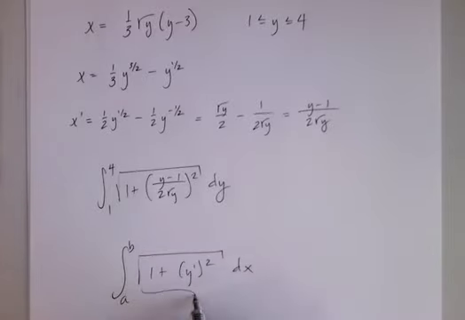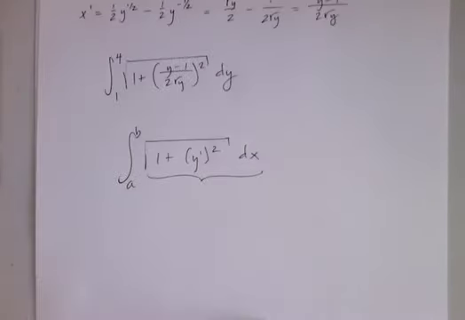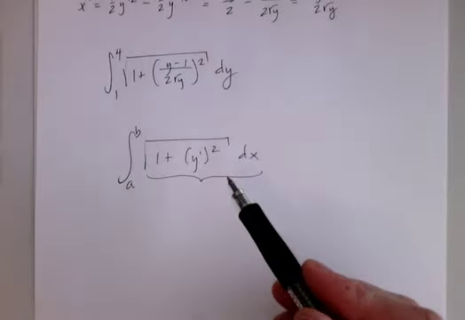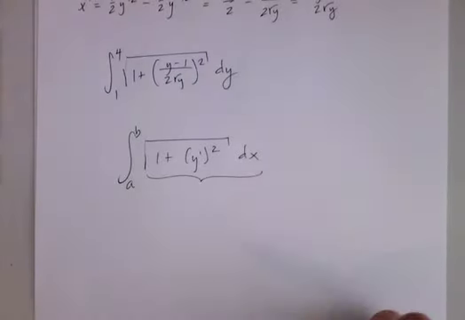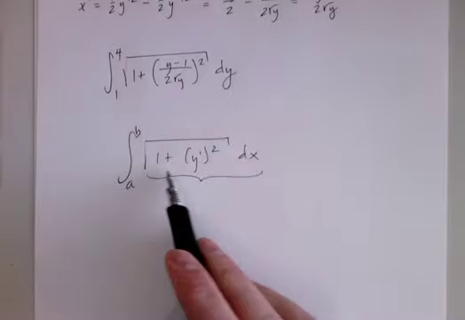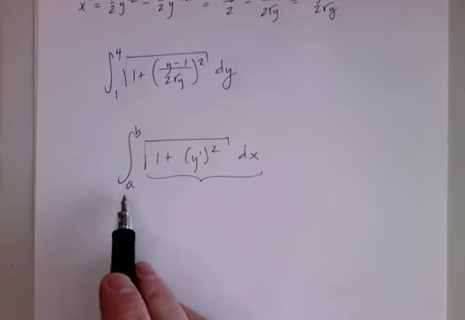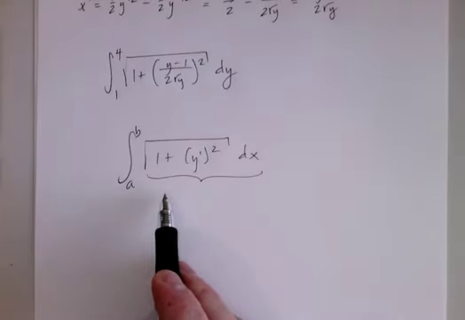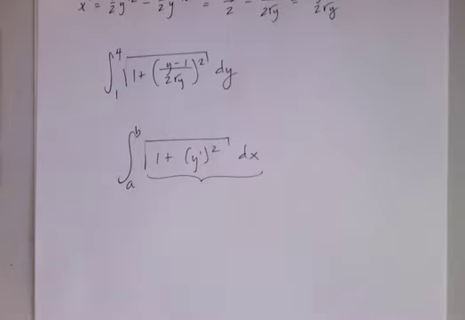This represents the arc length, which is going to be important if you then want to take it and, instead of finding the volume of a solid of revolution, use this plus a few more components to find the surface area of a solid of revolution. And that's going to be the next application of integration that we're going to look at in 8.2. Okay?